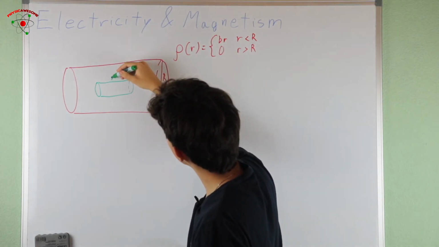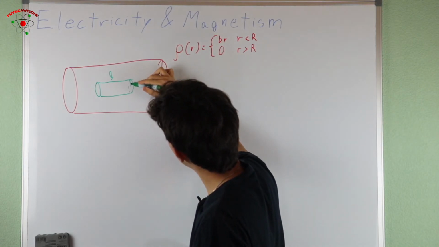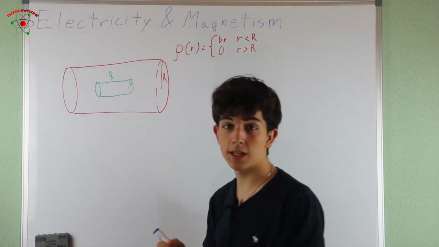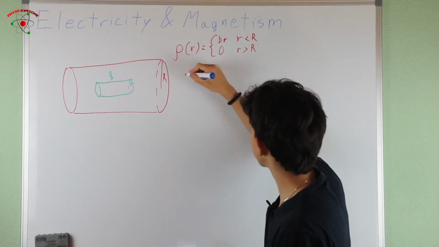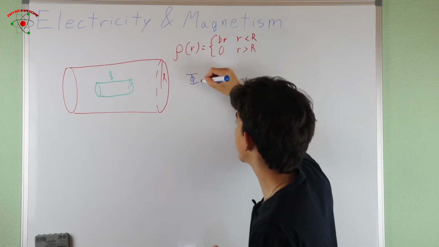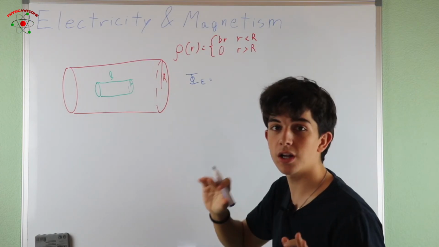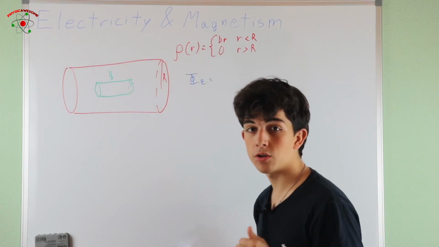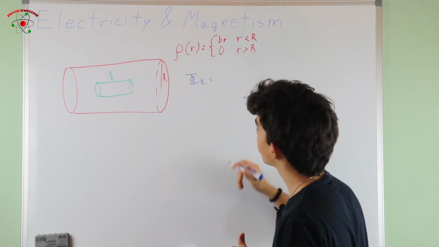It's going to have length L and radius r. Now, if we carry out our flux analysis, it's going to be the exact same as we did before. This is pretty analogous to the case we found in the earlier video about non-uniform slabs.